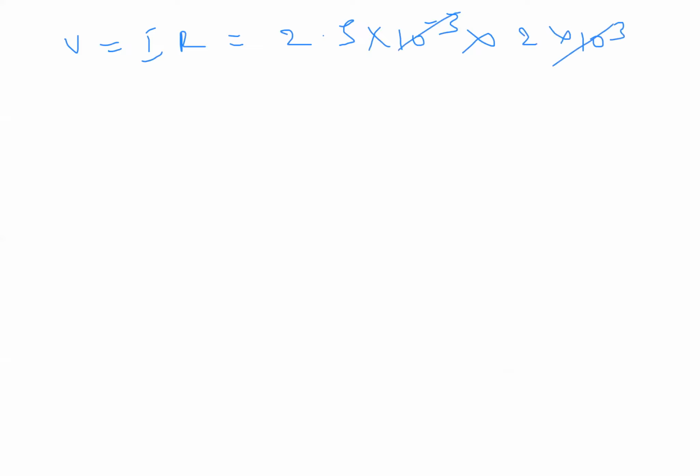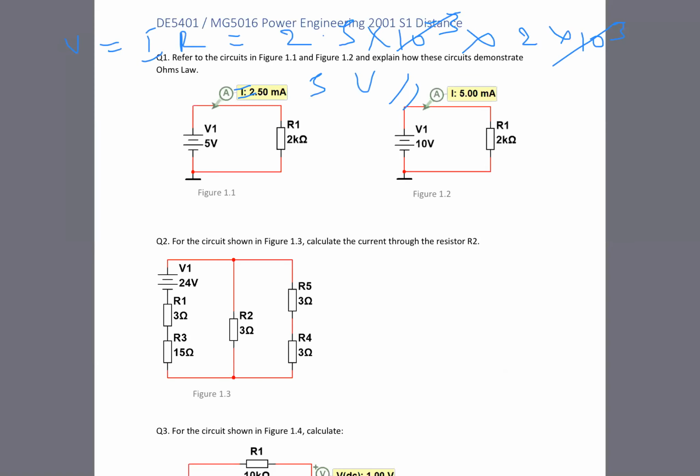These two terms I can cancel. 2 multiplied by 2.5 is 5 volts. If you look at the circuit, it is 5 volts, which means this follows Ohm's law. In the same way, if you substitute these values, you can prove this is also following Ohm's law. Is that clear, guys? Okay, now we'll move to question 2.